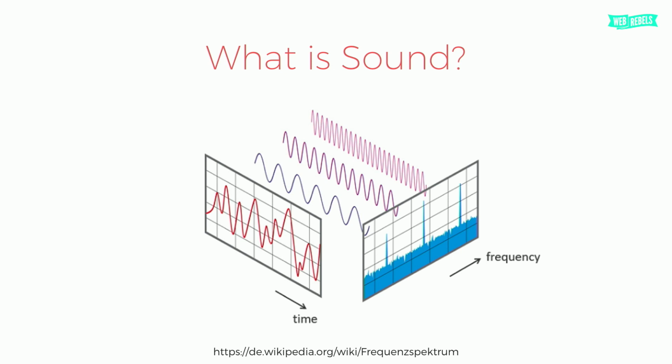And since we can deconstruct the complicated sound waves into single sine waves, we can get all sine waves and therefore all pitches at a single point of time. And this is what you see then on the right in blue. It's a frequency spectrum representing all frequencies hearable at a single point in time.